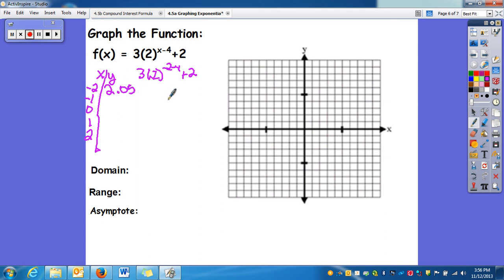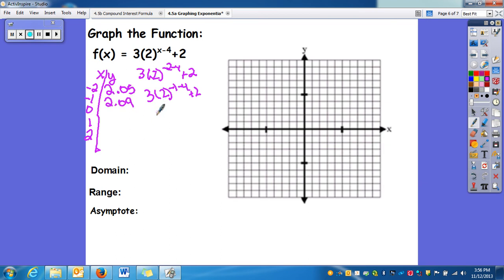This comes out to be 2.05. And we can do the same thing for -1. We go 3 times 2 to the -1 minus 4 plus 2. Times 3 plus 2. This becomes 2.09.